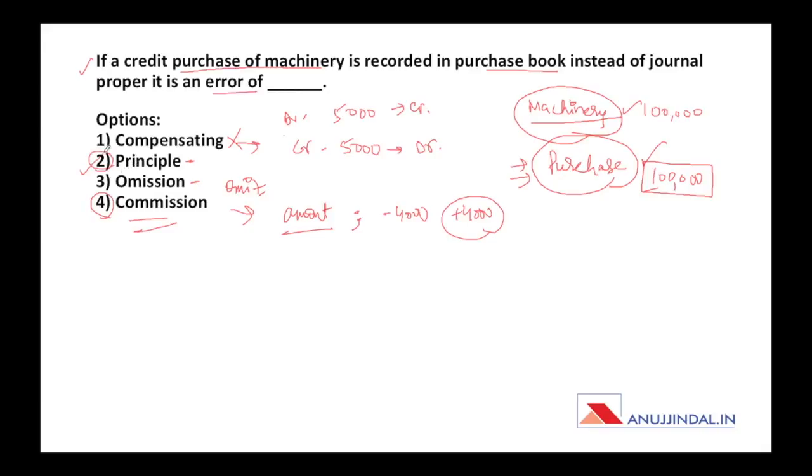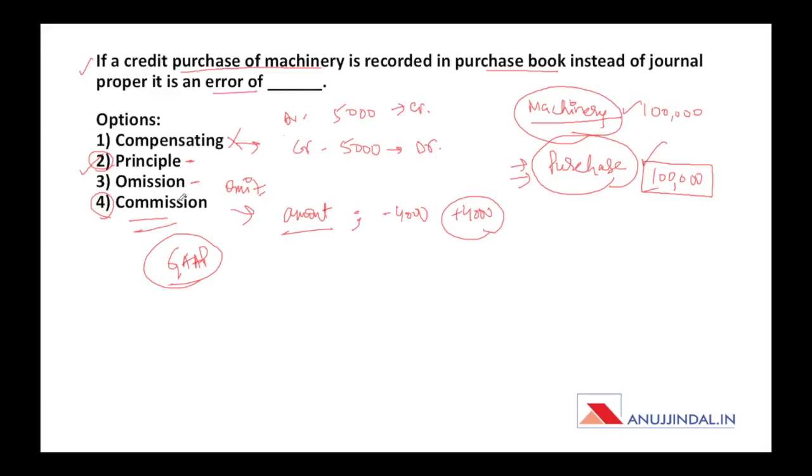An error of principle arises when you're not following the principles of accounting as given by generally accepted accounting principles, that is GAAP. So this is an error of principle, because you were supposed to record it in machinery account. The accounting principle says that you have to record all the purchase of assets in their respective accounts, but you recorded it in purchase account, which is supposed to record only the purchase of goods that are to be used for creation of goods or services that are to be sold by the enterprise.